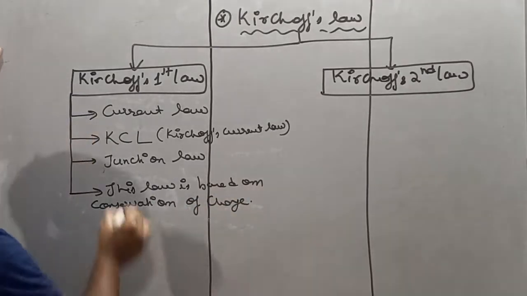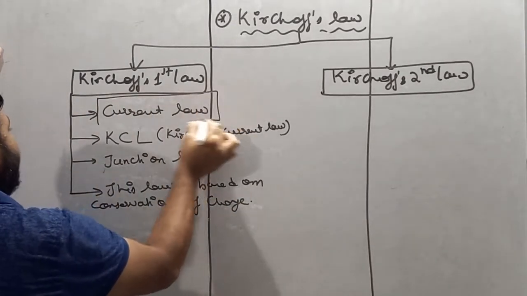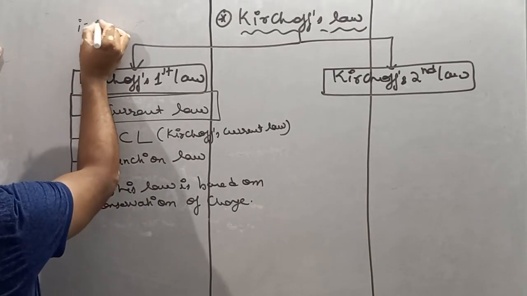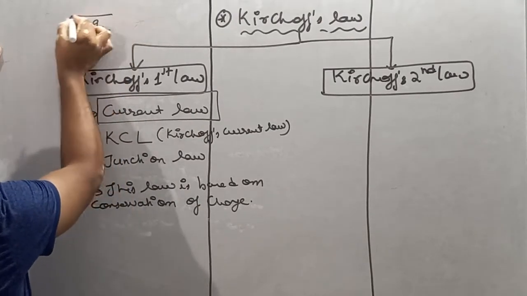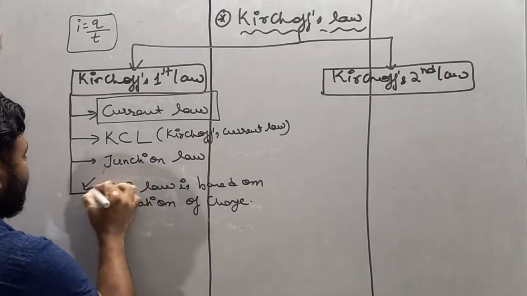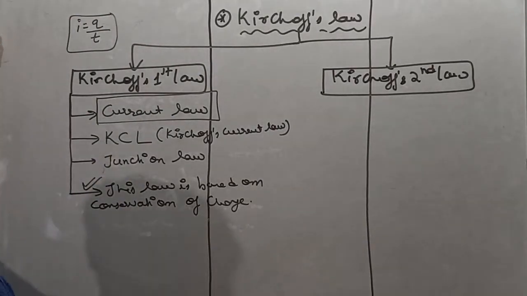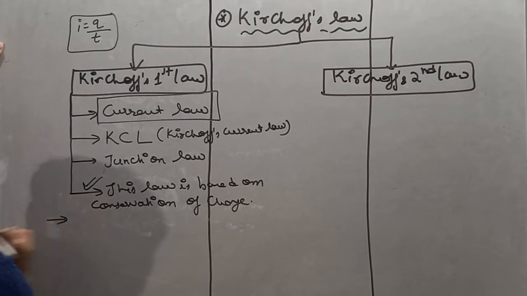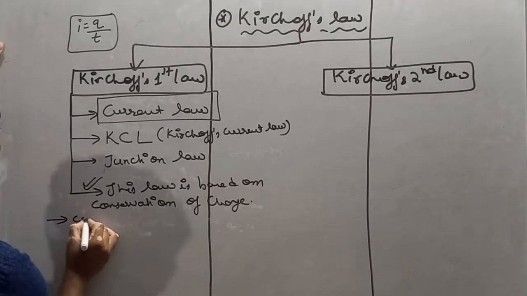See, basically this law is the current law and we know that current is nothing but flow of charge with respect to time. That's why we say this law is based on conservation of charge, and we know about conservation of charge.